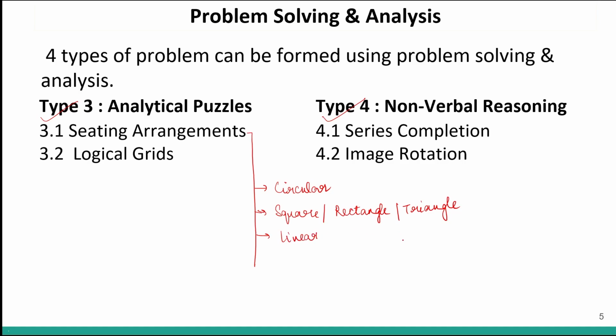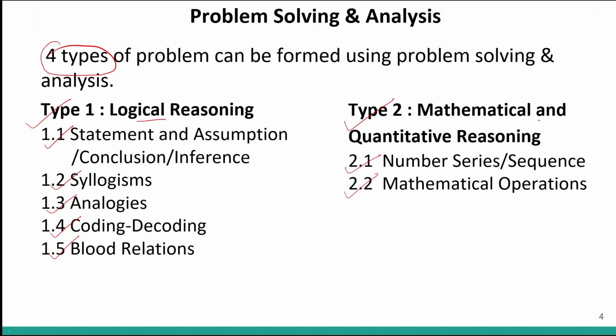Linear seating arrangement means that everybody is sitting in a straight line. And then lastly, you can get parallel rows. So four types of seating arrangement problems are there. In today's class, we will discuss only two types, that is type 1 logical reasoning and type 2 mathematical and quantitative reasoning in detail. So you can get an idea of all these topics.